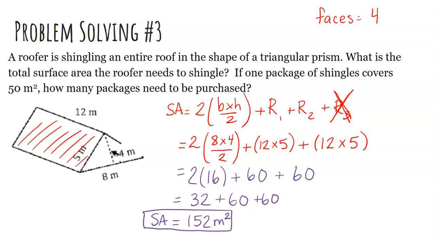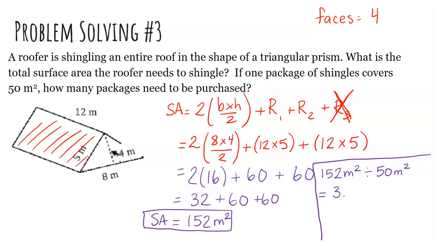Now the second step of this question is asking us to figure out how many packages to buy. So I'm going to start by taking the surface area, which is 152 square meters, and dividing it by the amount that one package covers, which is 50 meters squared. When I do the math, I'm going to get a decimal number.